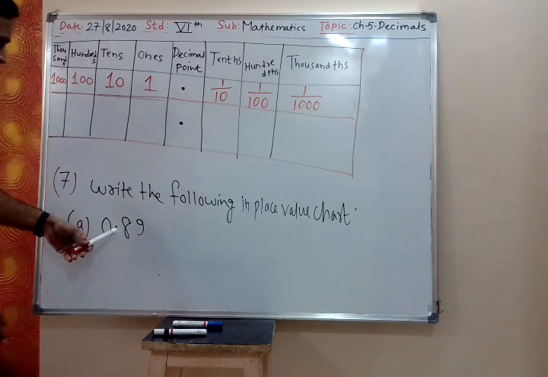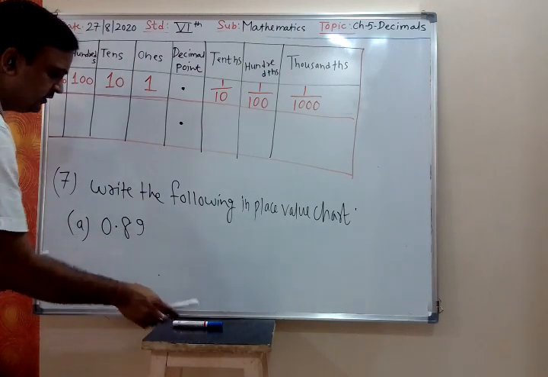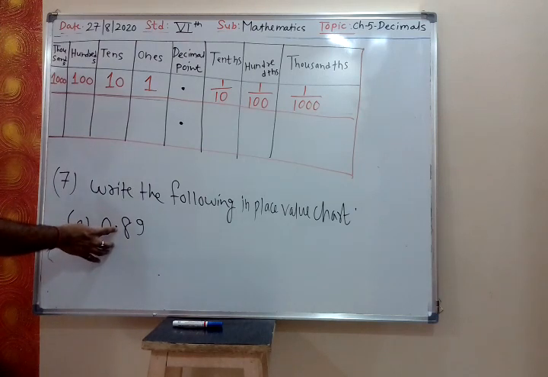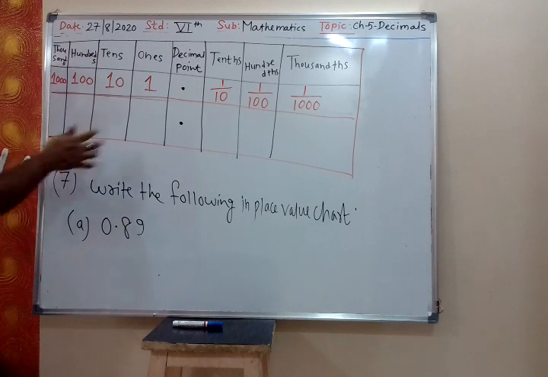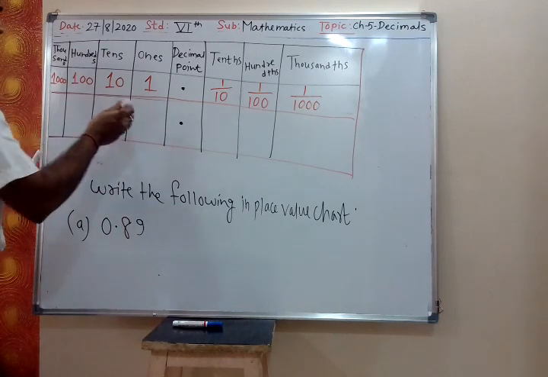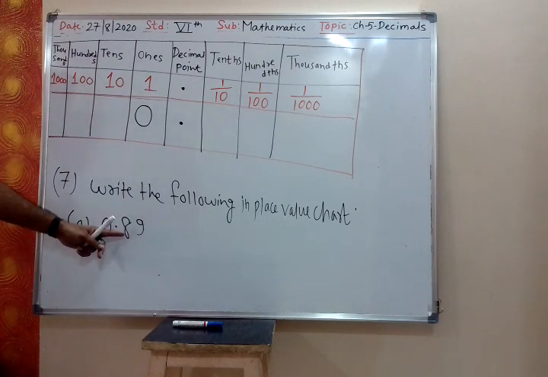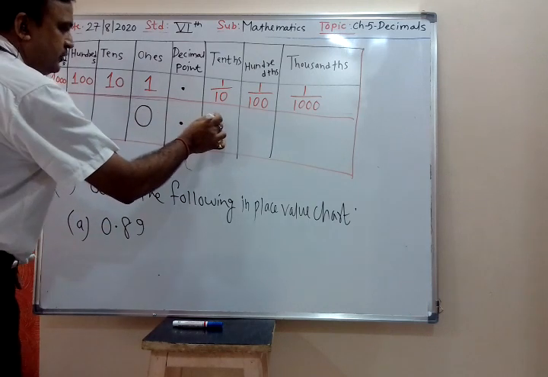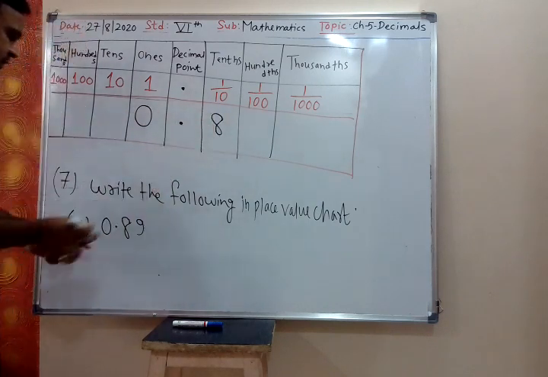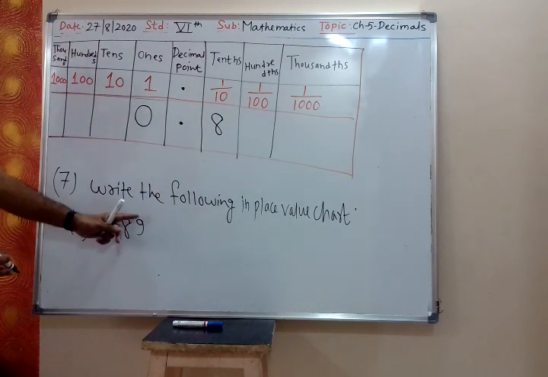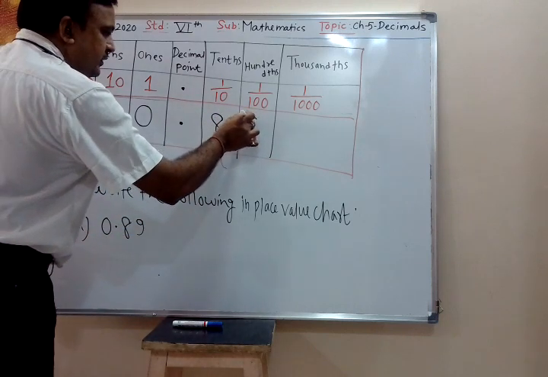Now this is the decimal 0.89. Before the decimal there is the digit 0, so at the ones place I will write 0. After the decimal the first digit is 8, so at the tenths place I will write 8. Then the second digit is 9, I will write 9.